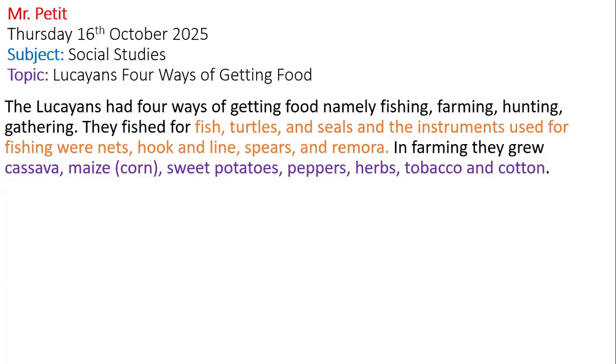They fished for fish, turtles, and seals, and the instruments used for fishing were nets, hook and line, spears, and remora. In farming, they grew cassava, maize, which is corn, sweet potatoes, peppers, herbs, tobacco, and cotton. Very good. Excellent reading.